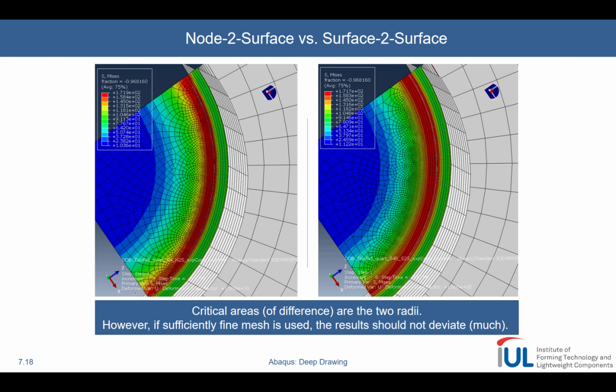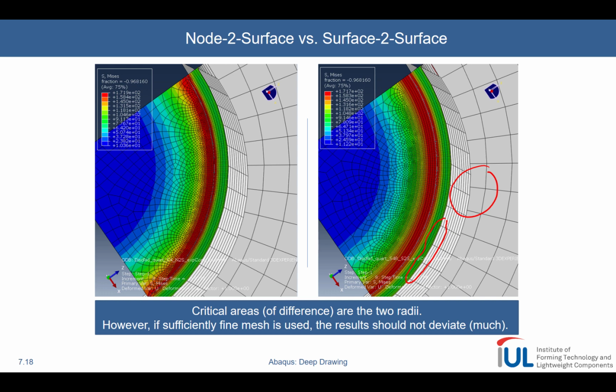Especially since I used a discrete rigid, not an analytical rigid body, for our die, our blank holder and our punch, it might be of interest because the surface to surface will definitely smoothen out this fairly coarse contact mesh. However, what I wanted to point out, if your sheet, your actual deformable body, is sufficiently finely meshed, then the results between these two approaches shouldn't deviate much.